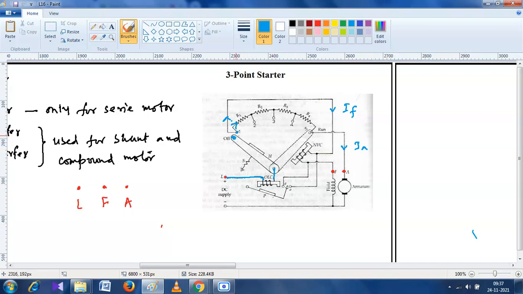And when we put that lever on position 2, what will happen? At position 1, the value of armature current is, what is the value?